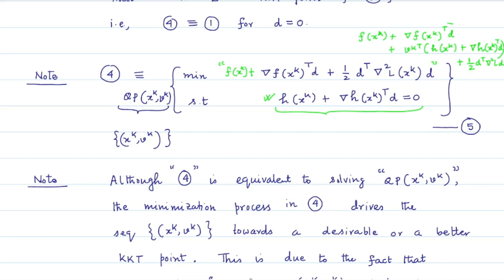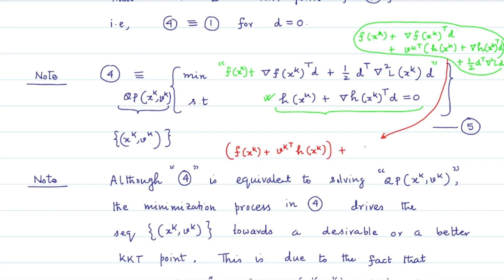Now let us simplify this expression, and we notice that this expression is going to give us f(xk) plus vk transpose h(xk) plus gradient of f at xk plus gradient of h at xk times the vector v, its transpose, times d plus the last term, d transpose the Hessian at xk times d.